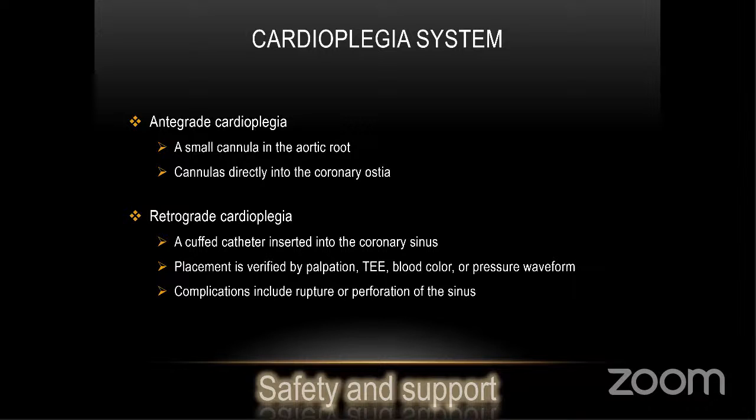Retrograde cardioplegia is administered through a cuff catheter inserted into the coronary sinus. The placement is verified by either palpation, TEE, blood color, or pressure waveform. The complications include rupture or perforation of the coronary sinus.